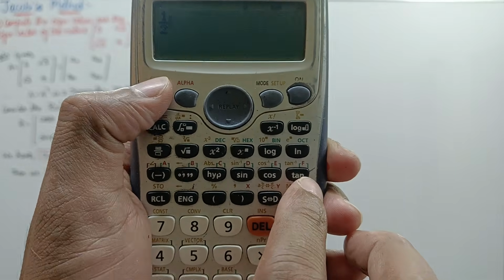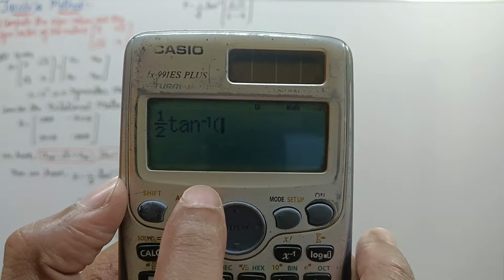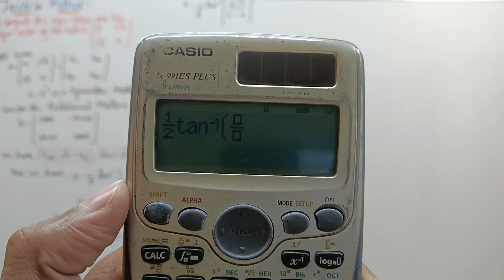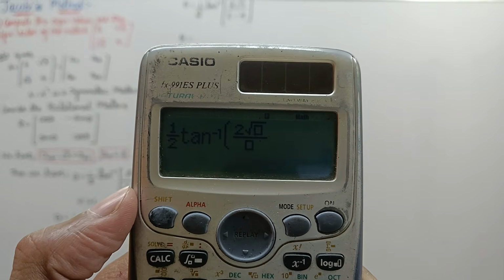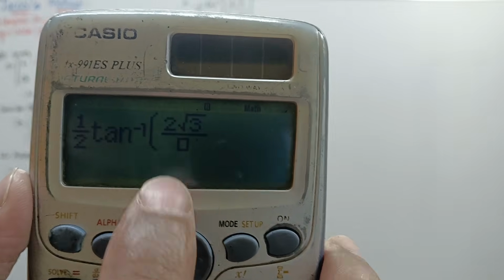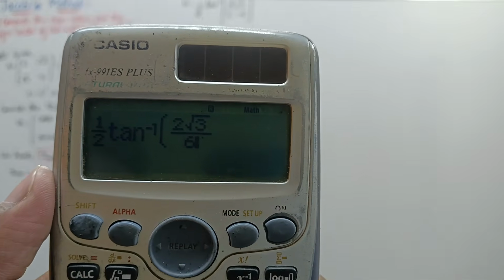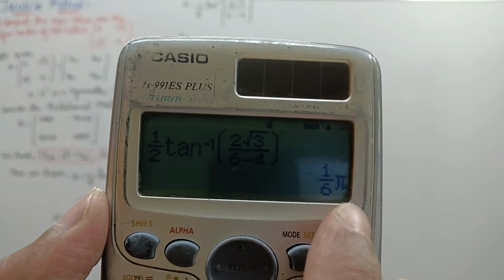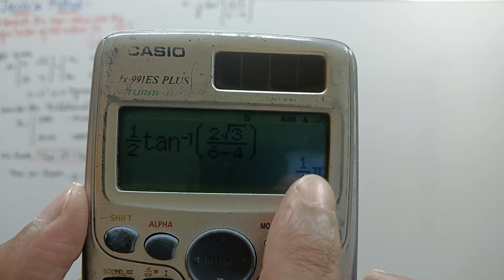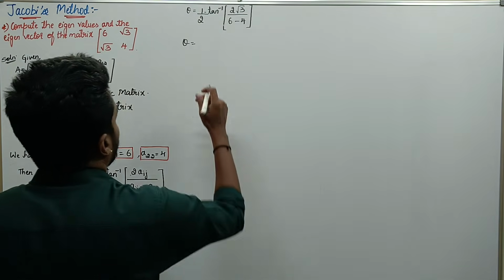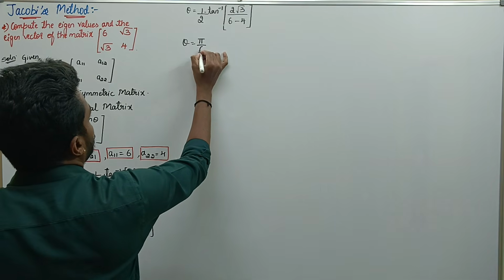Shift tan, you get tan inverse. Then, inside tan inverse, numerator and denominator: 2 root 3 divided by 6 minus 4, close the bracket. You get pi by 6. The angle, that is the value of theta, is pi by 6.